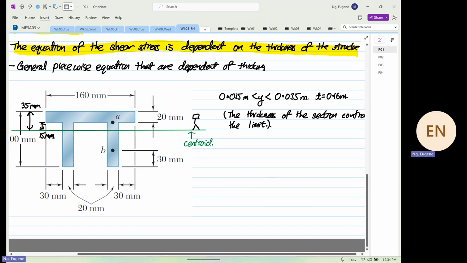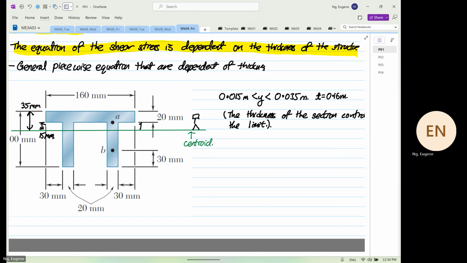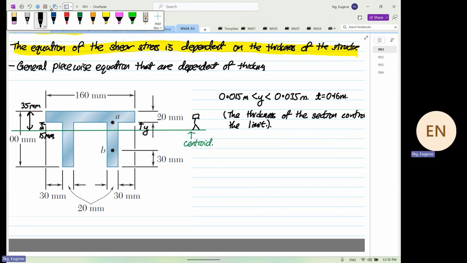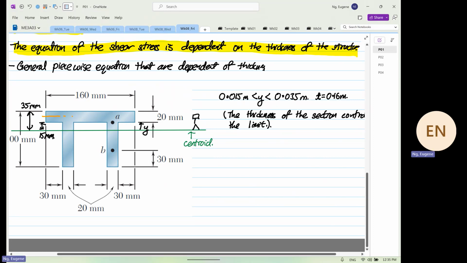From here, we're going to have a variable. From the datum, this is our y. And then we are going to have a line over here. This distance is going to be our y bar.